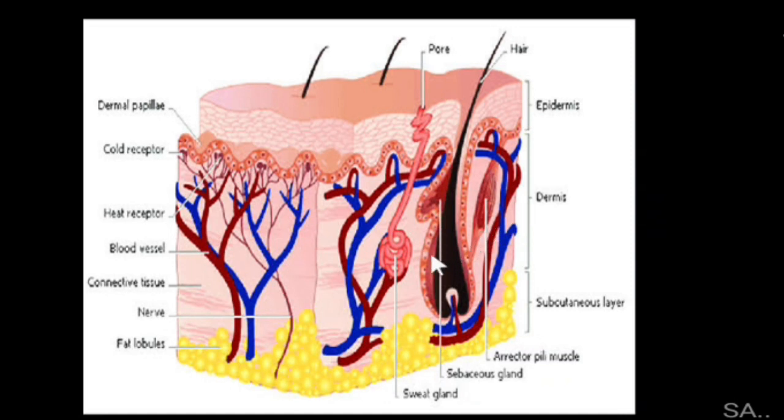You can find so many structures lying in dermis. First we'll start with nerves. You can see there are so many receptors lying in dermis. They are meant for detection of temperature changes, pressure changes, and pain.